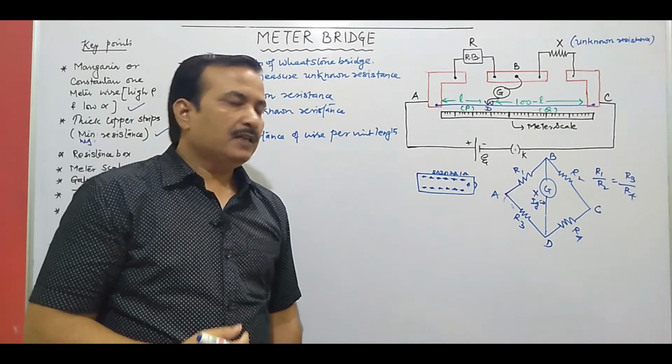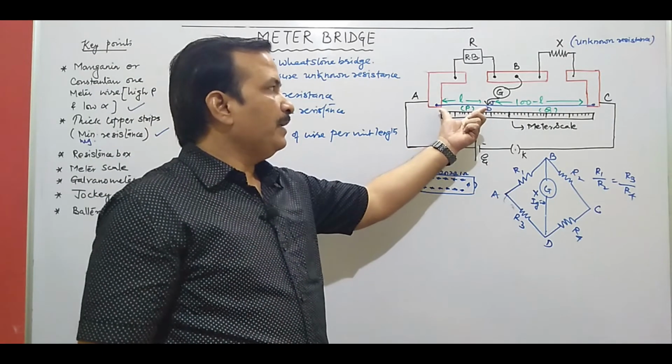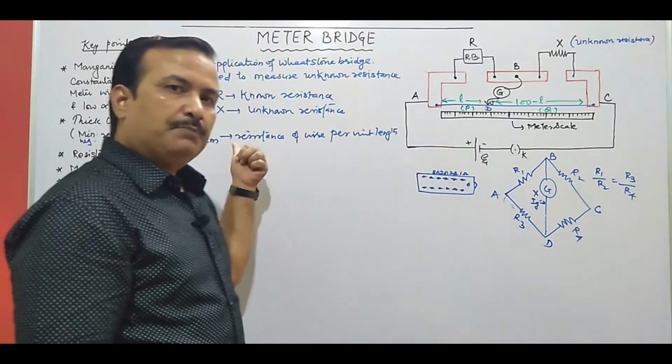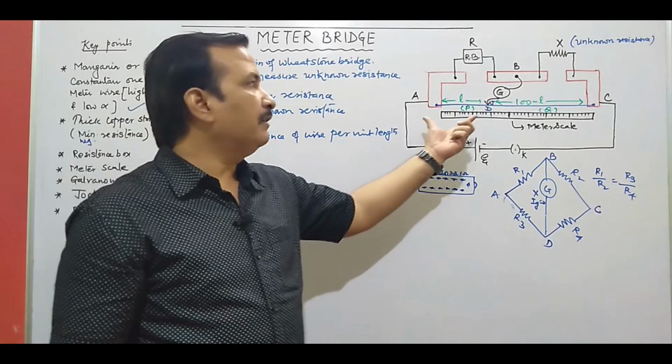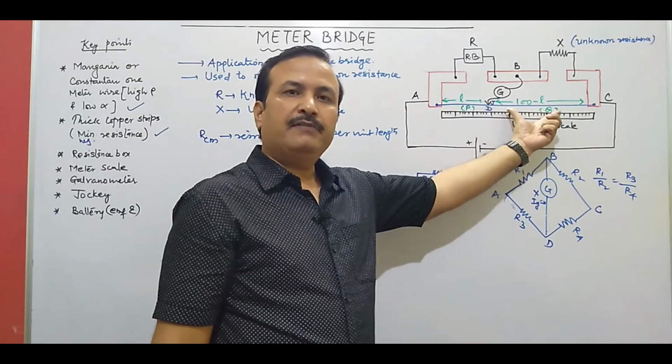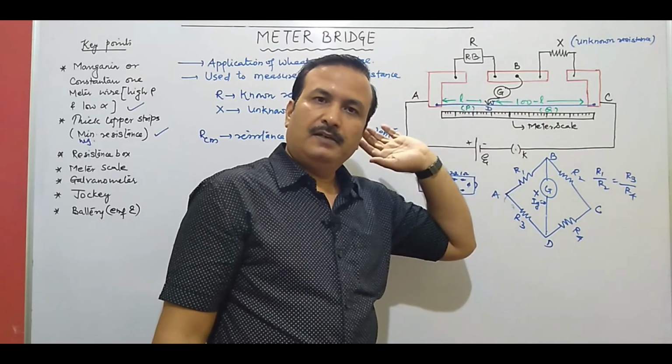So the resistance of this wire L will be RCM into L, because we are taking RCM per unit length, so multiplied by L will give you the resistance of this wire. Similarly RCM multiplied by 100 minus L, right?